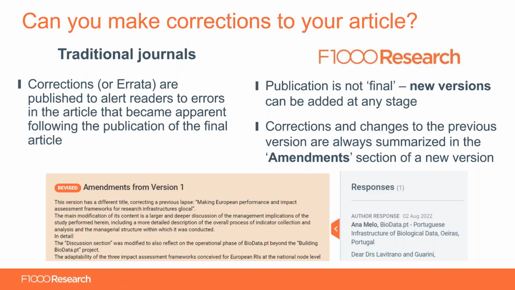You can make corrections to it. So, for example, in the amendment section there'll be a little box, and that little box says, here's what was wrong in the last one, here's what I've modified, and it gives a synopsis of what the authors have changed.